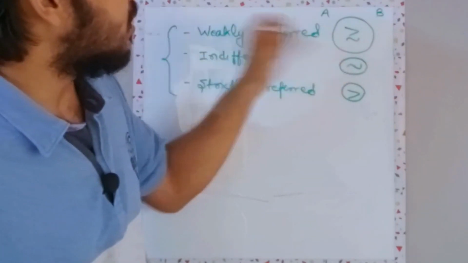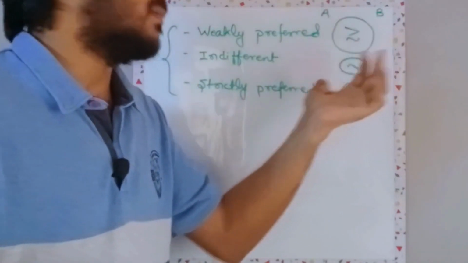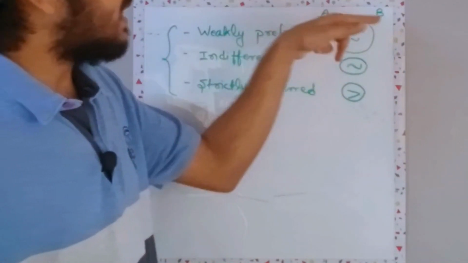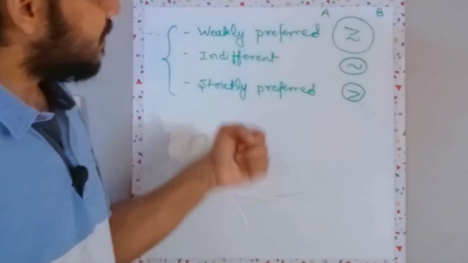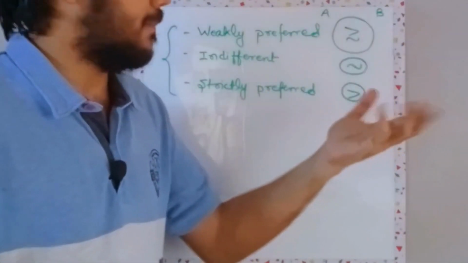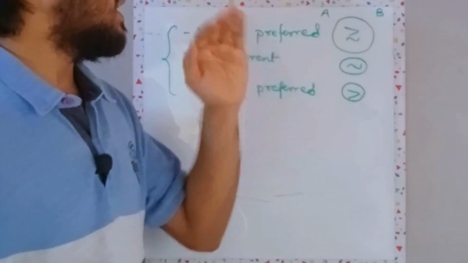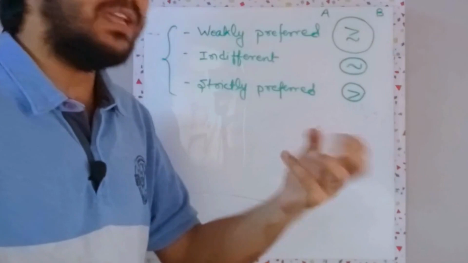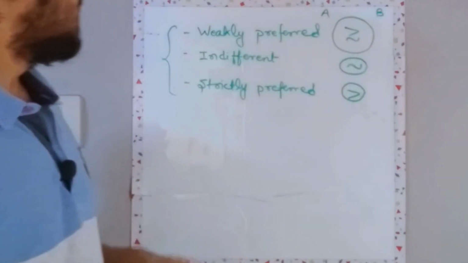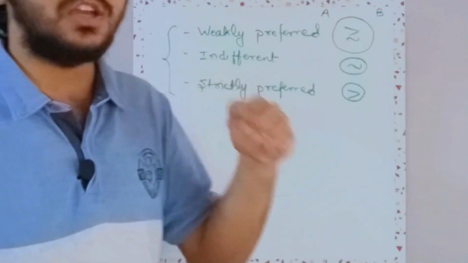Weak preference, denoted by this, means A is weakly preferred to B, which means A is either as good as B or greater than B. Indifference says that A is equal to B in terms of preference. Strict preference means A is strongly or strictly preferred to B, which means I'll always prefer A over B. So these are the three things you have to remember when we start the discussion on preference.